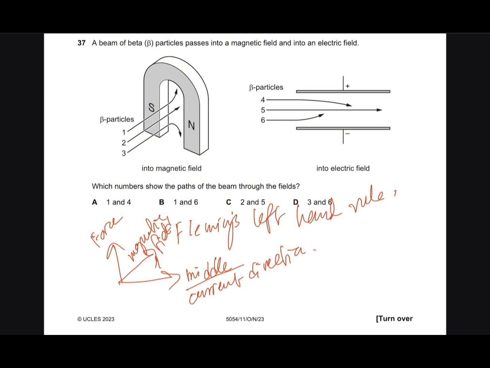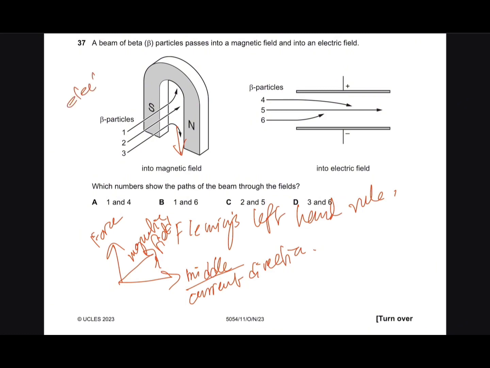Okay, so in this case, the force is downwards if we point our left hand according to north to south, and beta particles will have an opposite current direction, because beta is an electron.